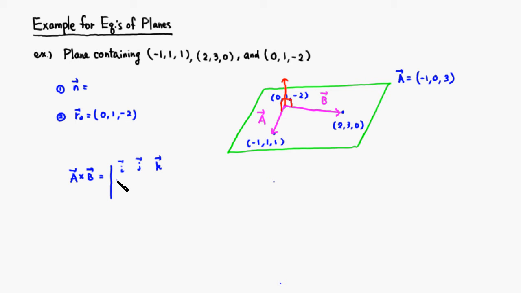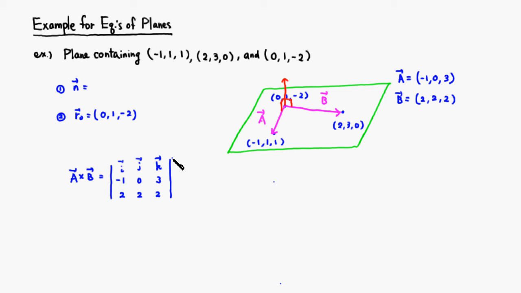So we have (-1, 0, 3). And vector B would be 2 minus 0 is 2, 3 minus 1 is 2, and 0 minus -2 is positive 2, so it's all 2's. It's going to be (2, 2, 2). We can rescale it to (1, 1, 1) as well, but I'll go with (2, 2, 2) for now.